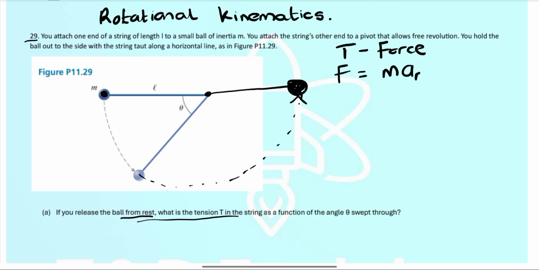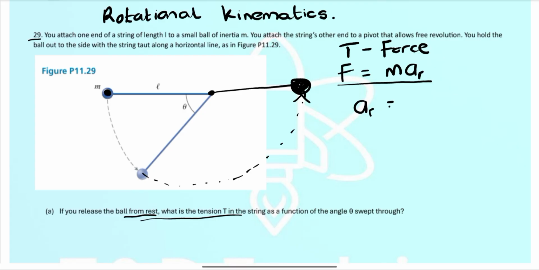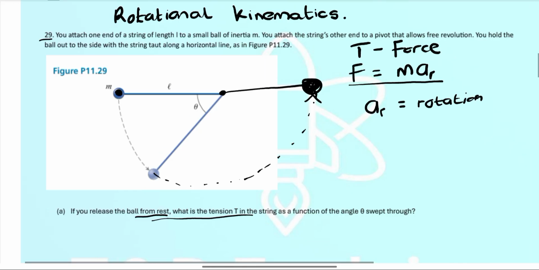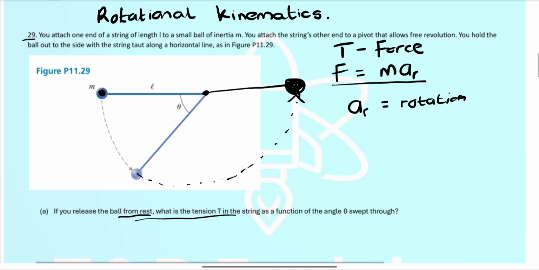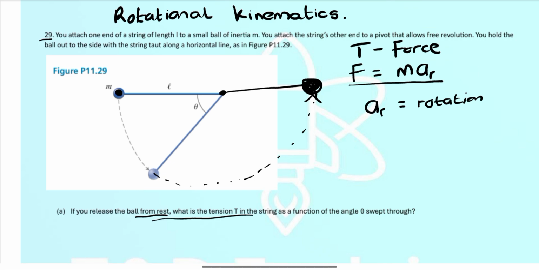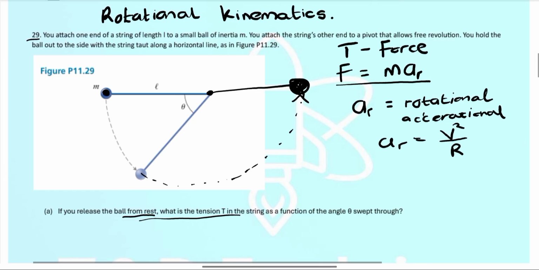So the steps in solving this question: at the end we're going to use the forces to find our tension, but we have to find the rotational acceleration first, and it is given by the formula v squared over r.